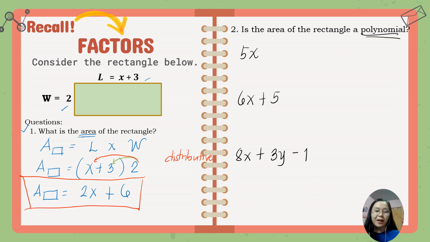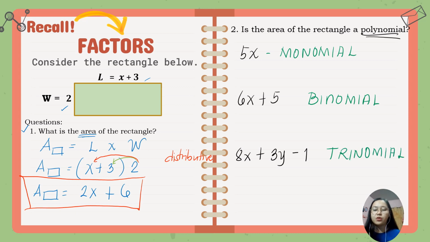And polynomial has 3 kinds: monomial, binomial, and trinomial.